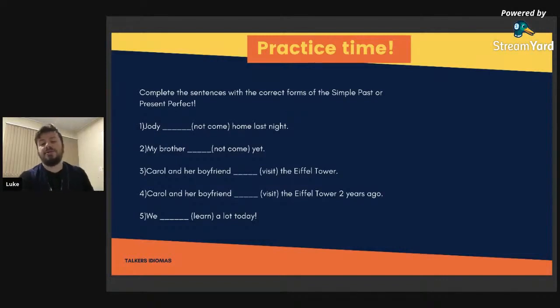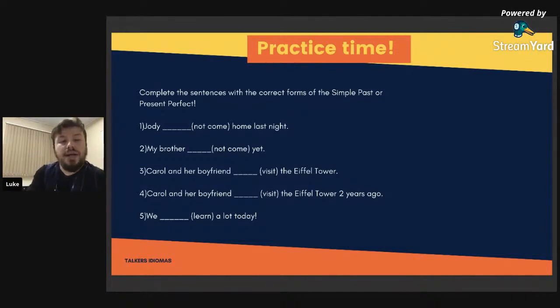These words that I just wrote for you guys, yet, never, ever, already, and always, they are strictly linked to the present perfect. Okay, remember that. If you find these words or if you need to use these words in a sentence or when you're talking to someone, remember that these words are usually linked to the present perfect.